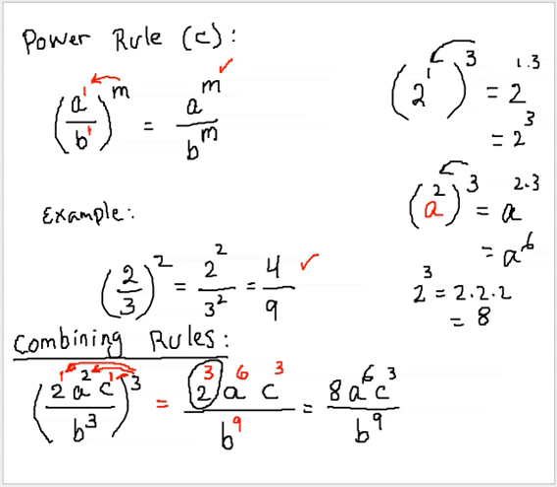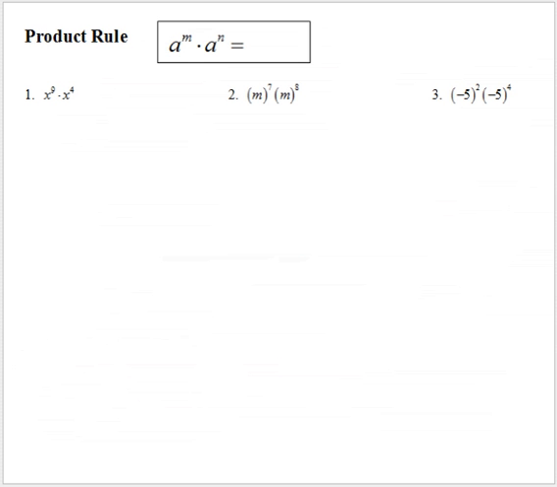Let's take a look at the first part of the handout. It's very simple. When you're done with the first page of the handout, which is problems 1 through 9, I'm sorry, there are 3 problems on each of those rules, so it's 12 problems actually on the first page.